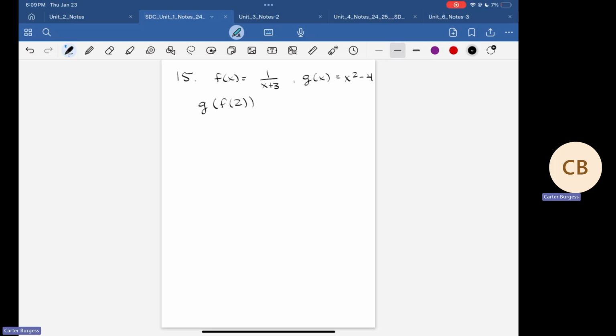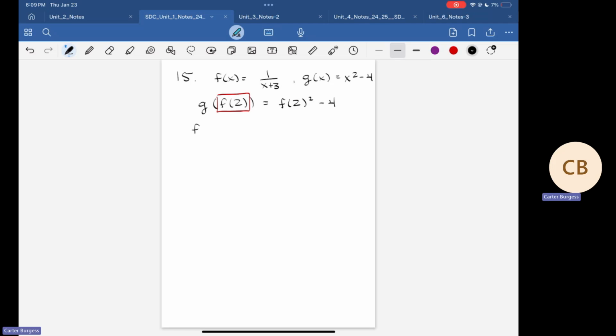So what, in terms of function notation, is this asking me to do? Well, it is very specifically saying everywhere in g that I see an x, I am going to replace it with an f of 2. So instead of x squared, we're going to have f of 2 squared minus 4.